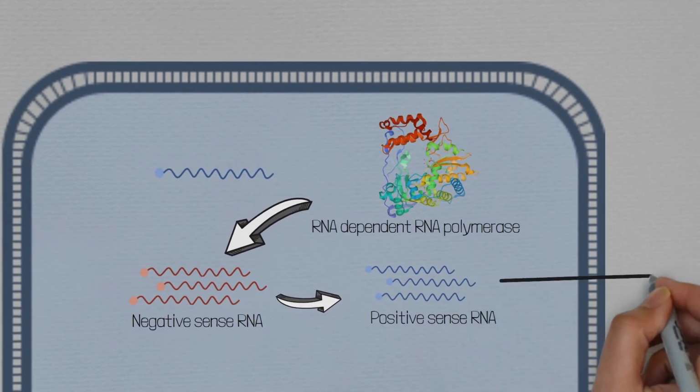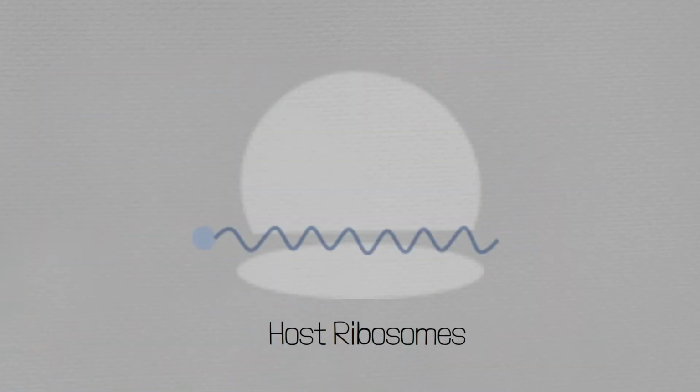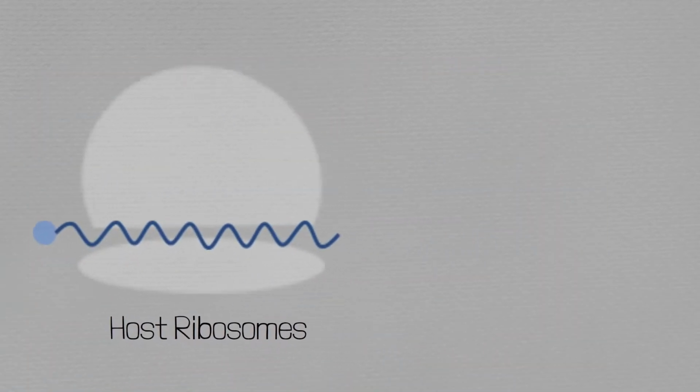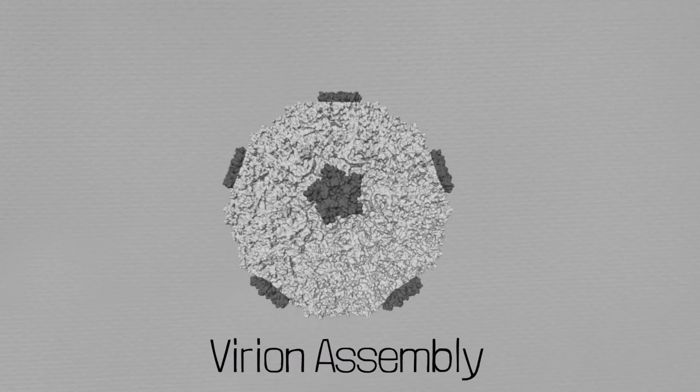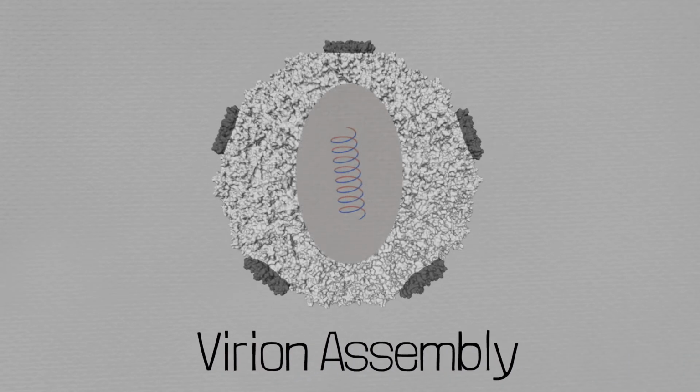The new positive sense RNA can exit the viral factory and be translated by ribosomes to produce more structural and non-structural proteins.